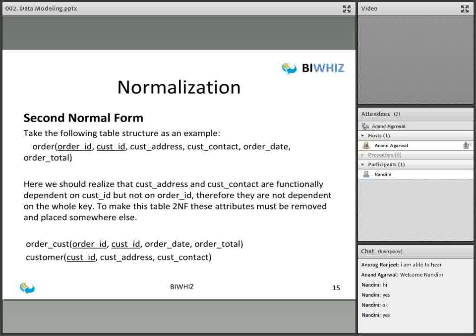So what will happen if we keep this table like this? Again, we would face the anomalies. We would face update anomalies, because this customer address is stored every time you make an order or purchase something, right? So if somebody wants to update your address, they have to go to all records and update it.